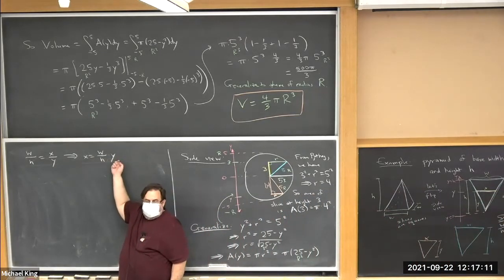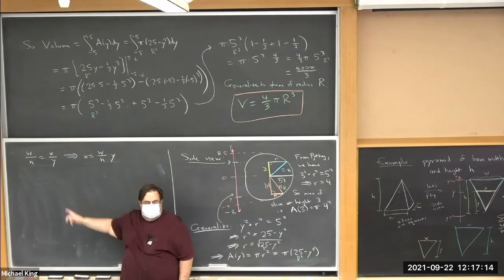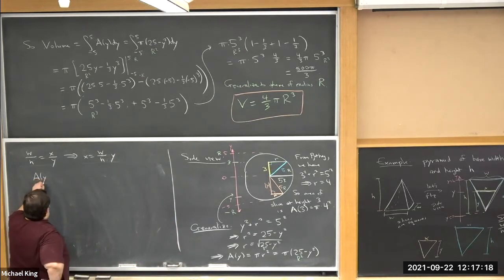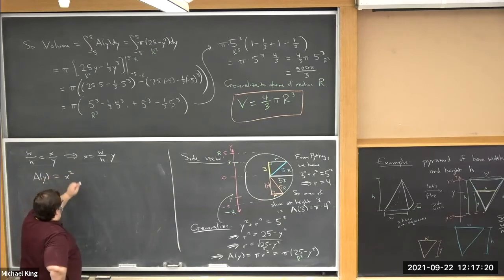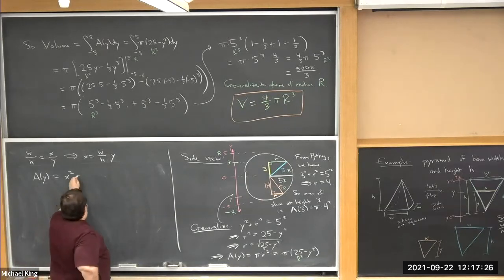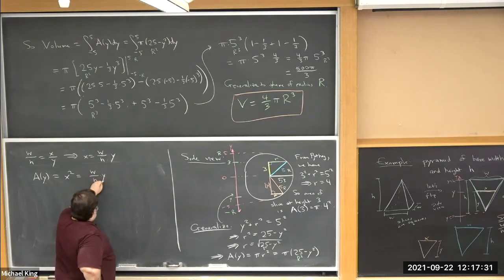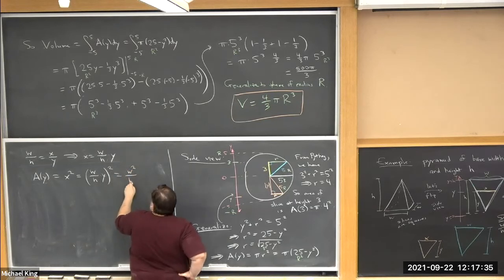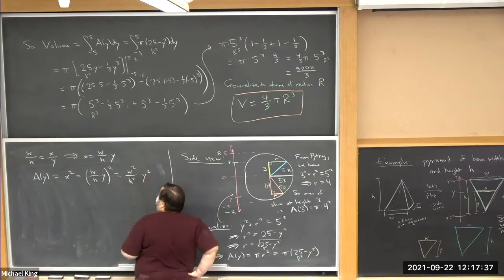If I plug in H, the H's cancel and I get W. And then the area of the slice, since it's a square, is just X squared. No pi in this case, because the slice is a square, not a circle. And so that is W over H times Y all squared, which maybe I'll write as W squared over H squared times Y squared.